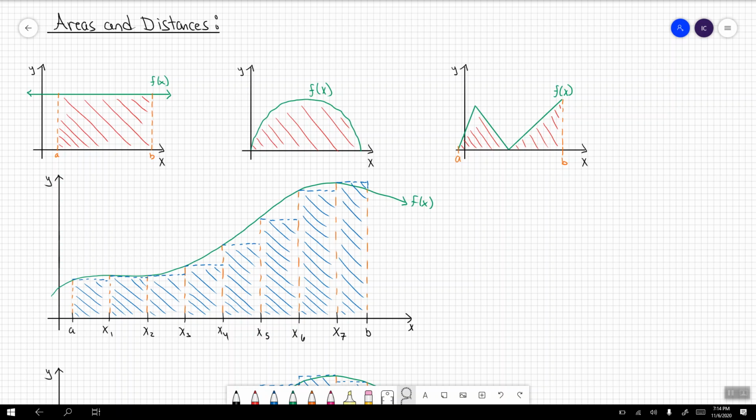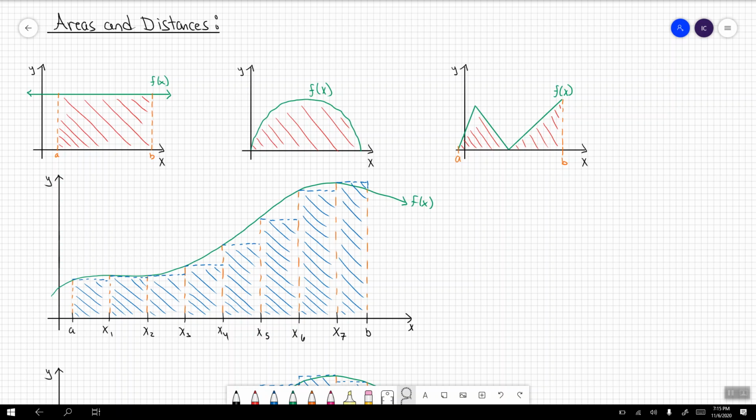Now, we're going to get more intricate than these particular examples, meaning that we're going to need to find areas underneath functions that are not just linear functions, or circular or arc functions, but have more polynomial shapes, more rational function shapes, and we are still concerned with finding the area underneath those curves.